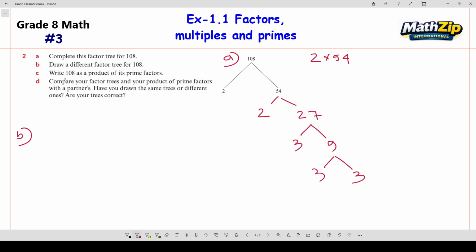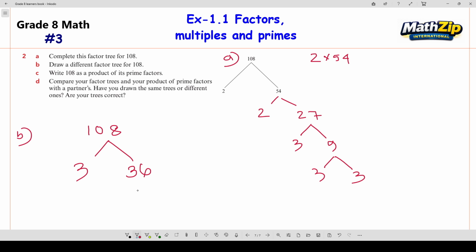Number B, draw a different factor tree for 108. So this is 108. It can be written, suppose 3 times, we can divide 108 by 3, right? It will become 36, right?